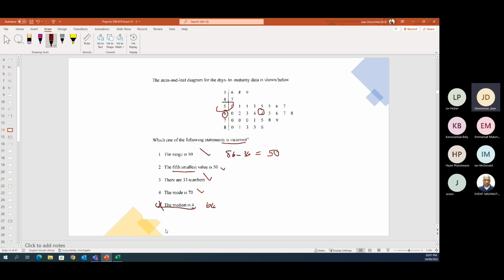Okay, so the same set of data, very similar types of questions. Just now, one of the others is the incorrect one. So just be very careful, and that is again in the exam.